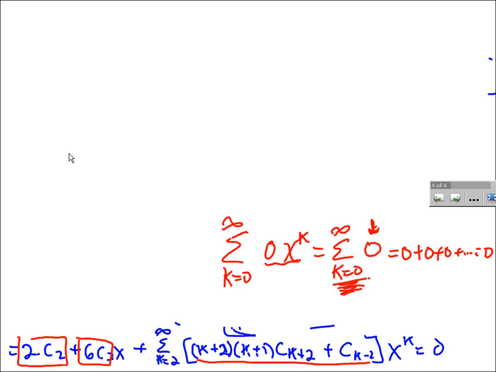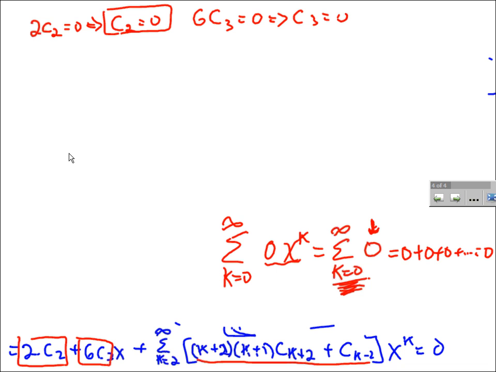So let's write this down. We want 2 c sub 2 to equal 0. Well, that implies c sub 2 is 0. And if you want 6 c3 to equal 0, that implies c3 is 0. There's only one number you can multiply 6 by to get 0.